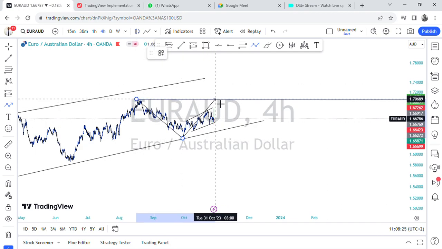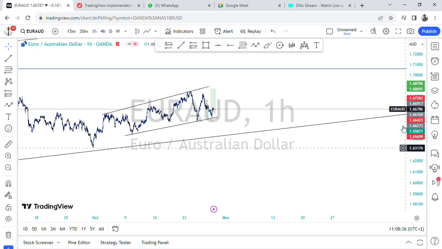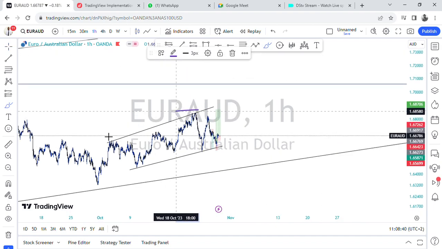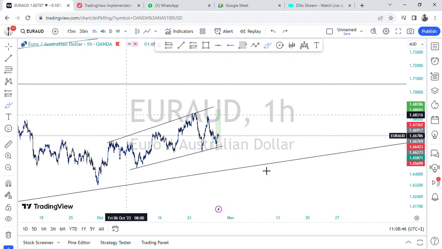Now we seem to be going up to that area there. So go to 4 hours, and then structure within a structure. We're having this channel here inside a channel, so it's guiding us to the upside. We can catch a move to the upside.